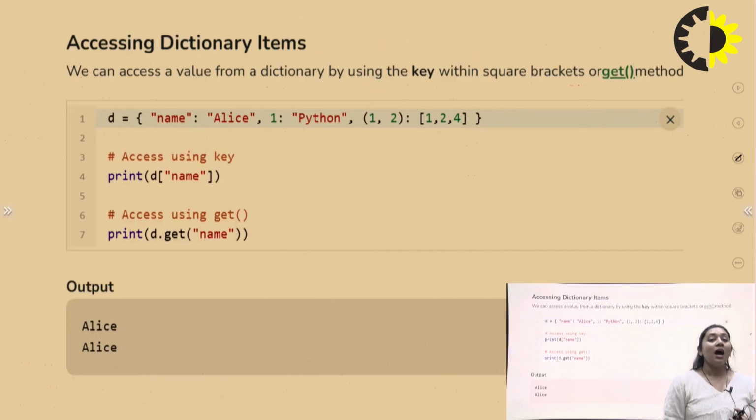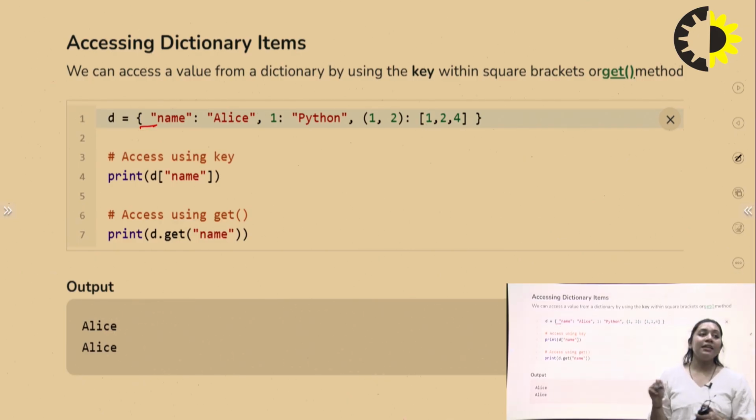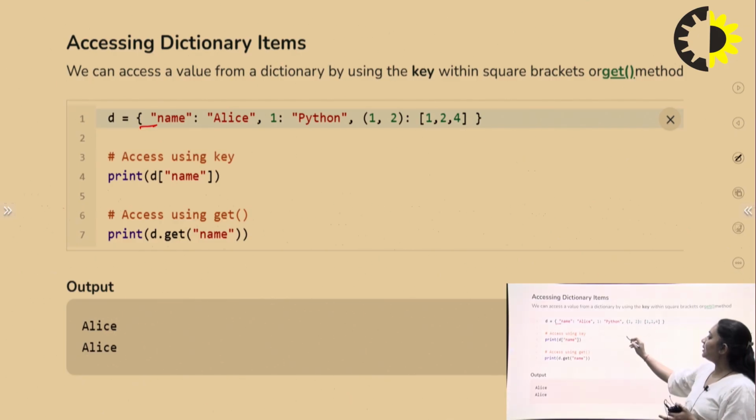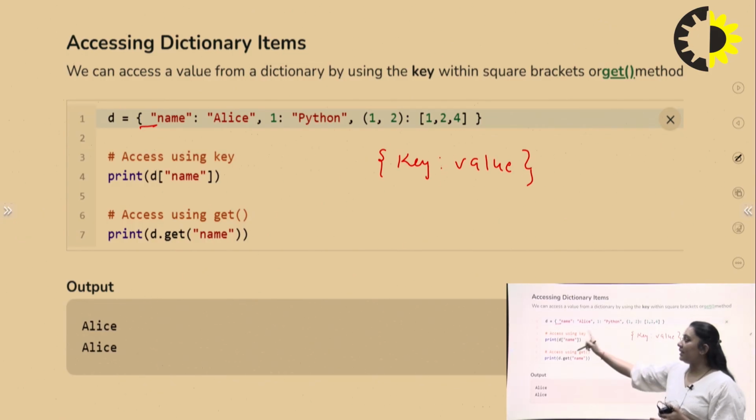Next is how you can access items in a dictionary. As I told you earlier, the dictionary is created with curly braces, in the form of key and value. So in the program, you can see we defined the keys.